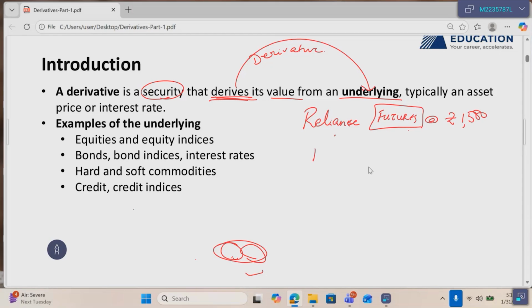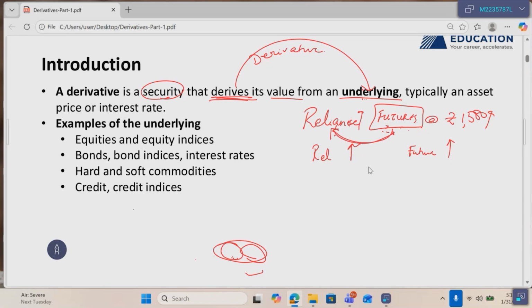Now, if the Reliance shares go up, then this future, which is a derivative contract, its value will also go up because this contract is dependent on the underlying share. So as this value goes up, this value goes up; this value is derived from this value.